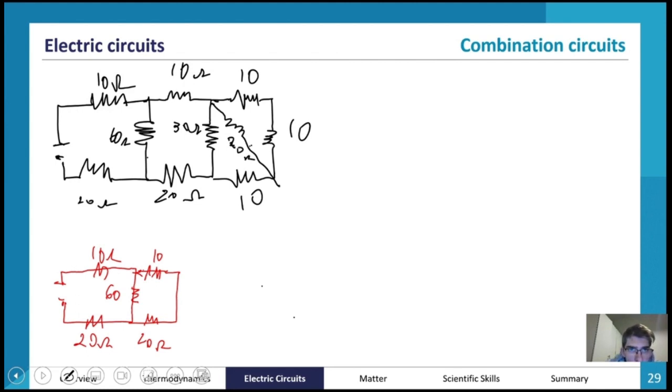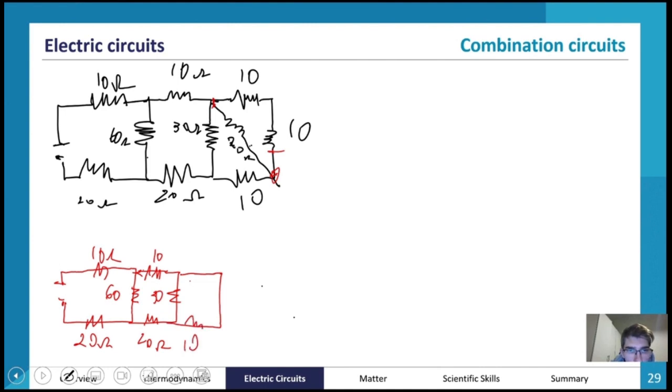So in this case, because this node and this point here and this point here are the same, it's the same as drawing that part. I have to draw this multiple times. So this is like 30 ohms, but it's like saying this is 10 ohms, right?